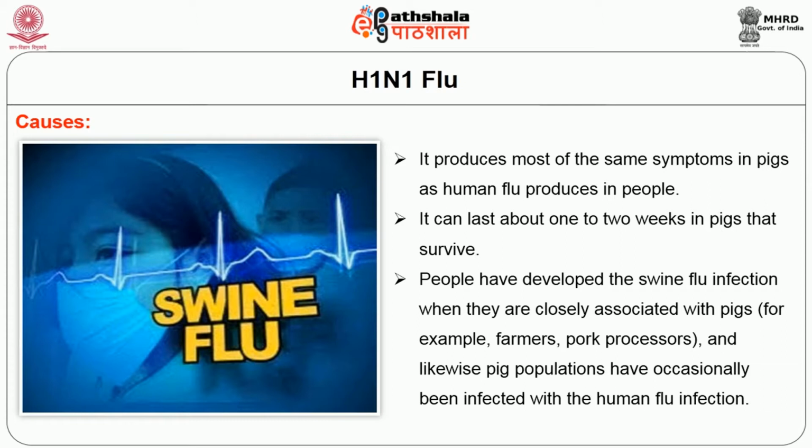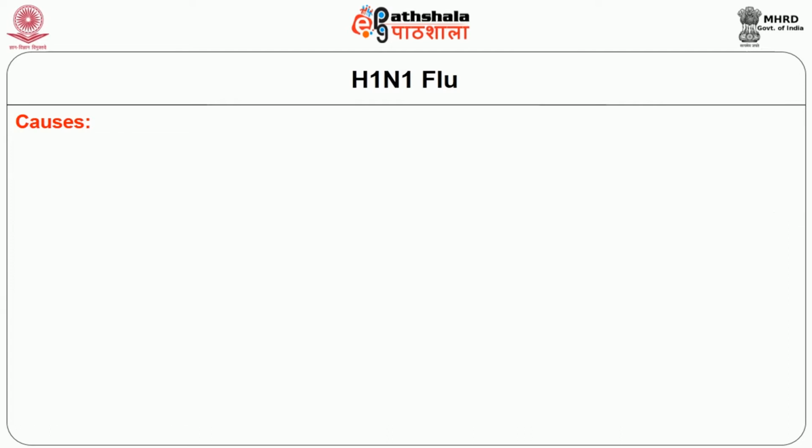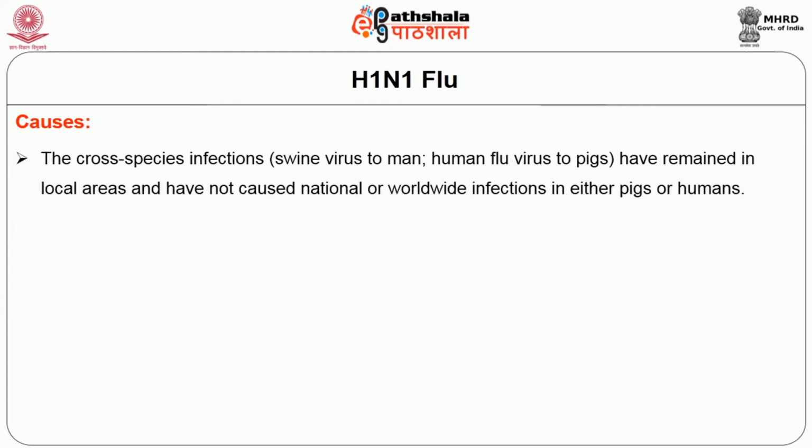Likewise, pig populations have occasionally been infected with human flu infection as well. In most instances, the cross-species infection, swine flu to man, human flu virus to pig, has remained in a local area and has not caused national or worldwide infection in either pig or human.